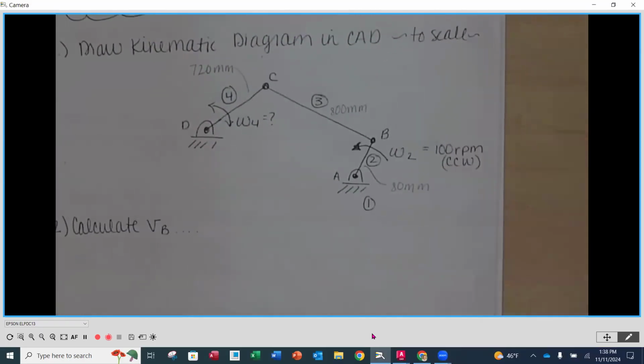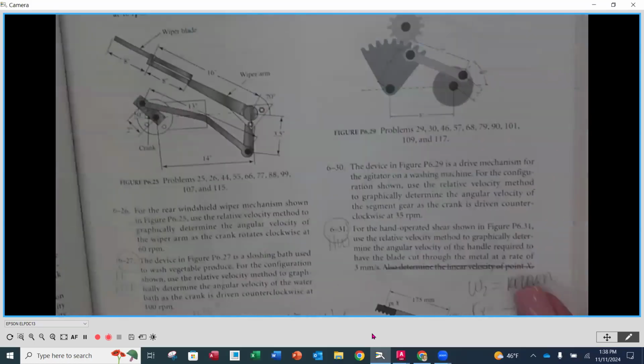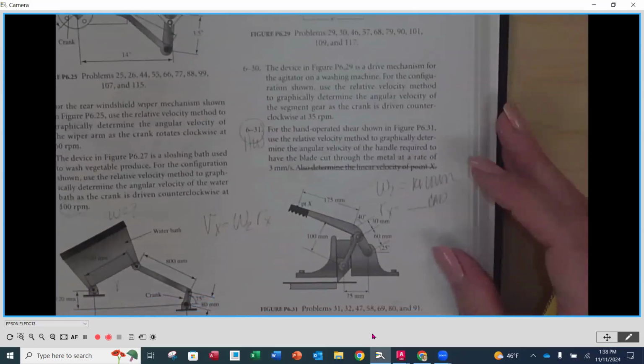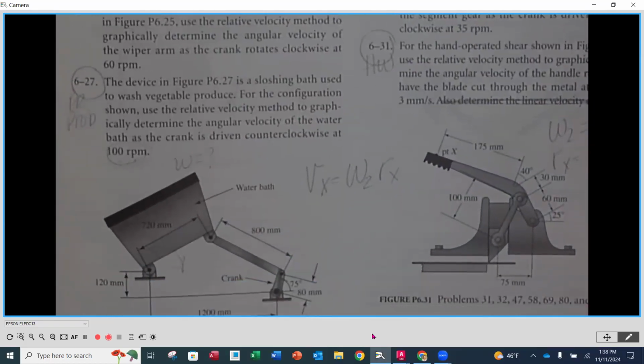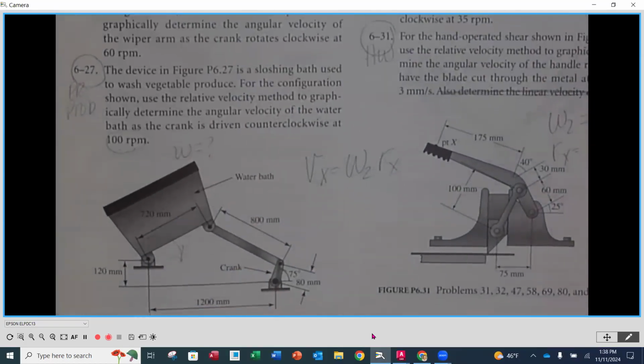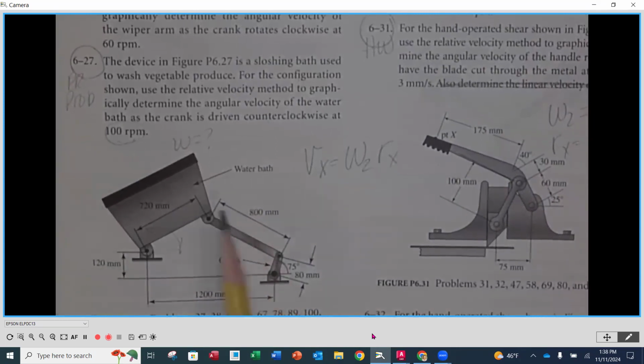Now let's look back at the problem. We didn't look specifically at what it's looking for. So let's find out exactly what it's looking for in this mechanism. It says the device in this figure is a sloshing bath used to wash vegetable produce.